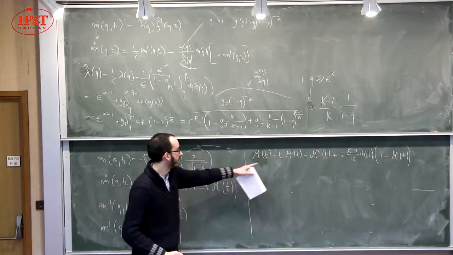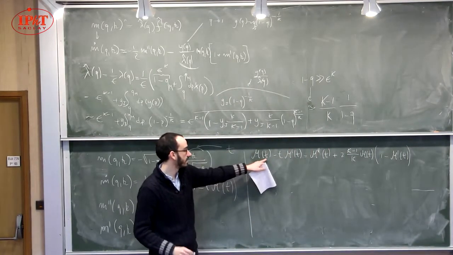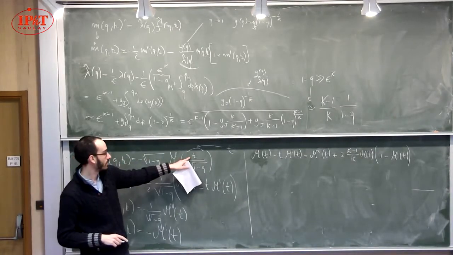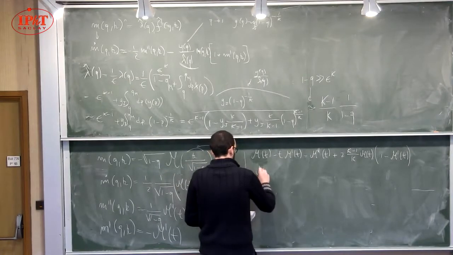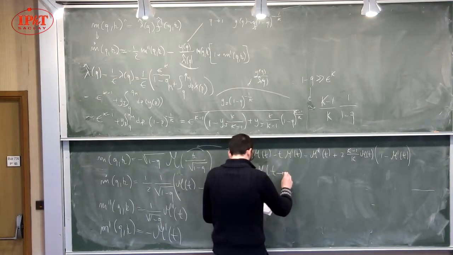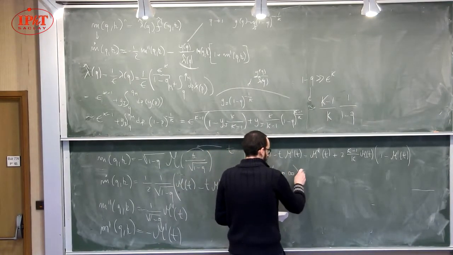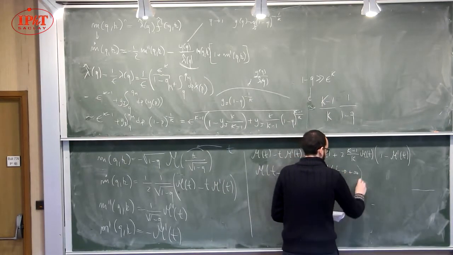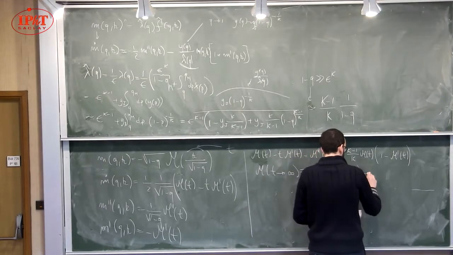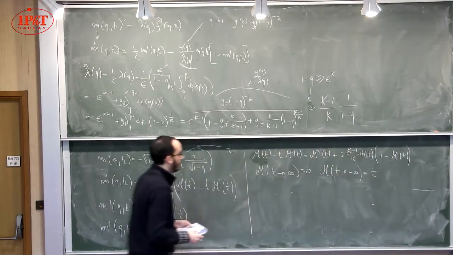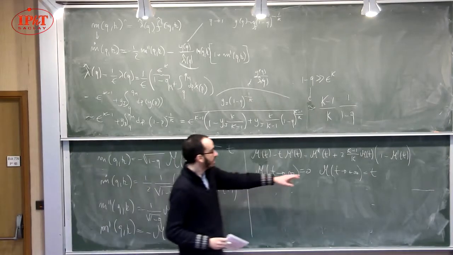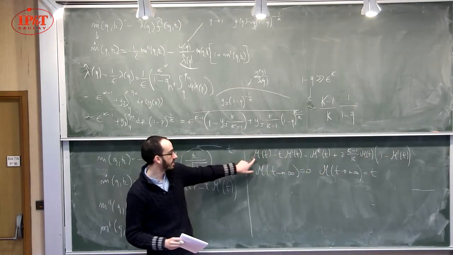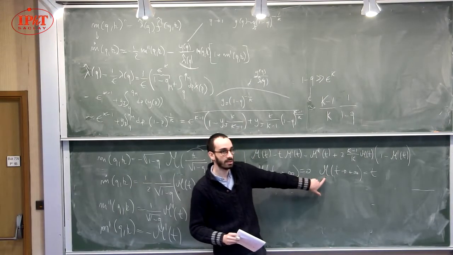And using the asymptotic expression for t going to minus infinity, plus infinity, because of course t is proportional to h, you have m of t going to infinity is equal to 0. Is equal to t. So if you fix k, then you have a unique solution for this equation that has these two asymptotic behaviors.